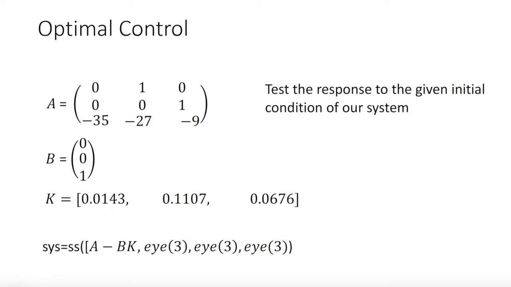For another example, for testing the response of the system using this design K, our closed loop subsystem A matrix will be A minus BK, identity of order 3, identity, identity.